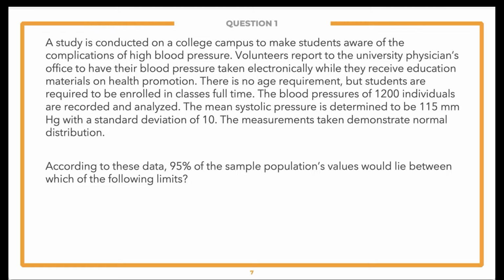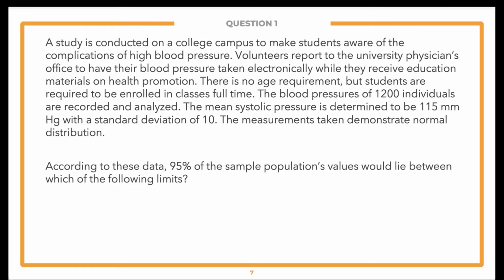So we've read the lead-in. Now we're ready to take on the vignette. A study is conducted on a college campus to make students aware of the complications of high blood pressure. Volunteers report to the university physician's office to have their blood pressure taken electronically while they receive education materials on health promotion. There is no age requirement, but students are required to be enrolled in classes full-time.